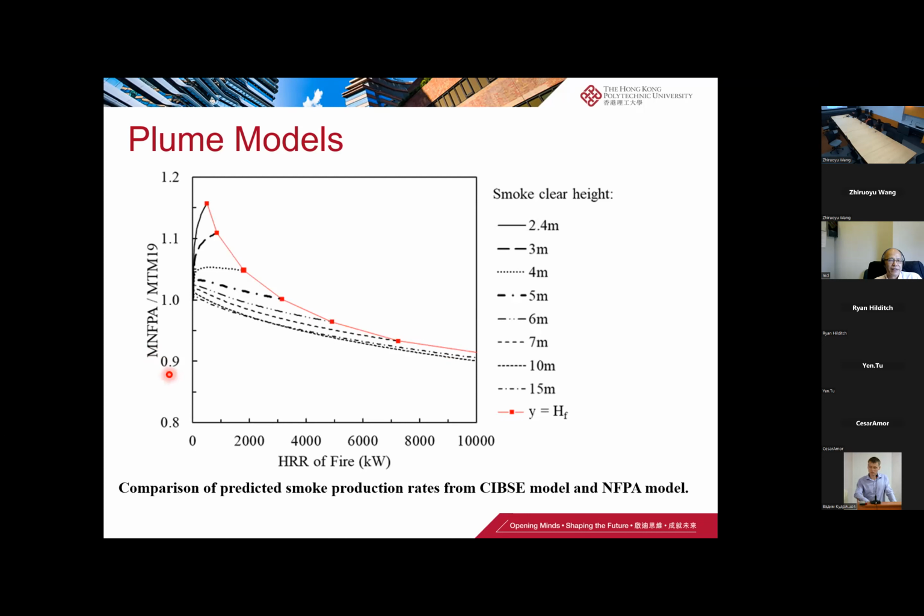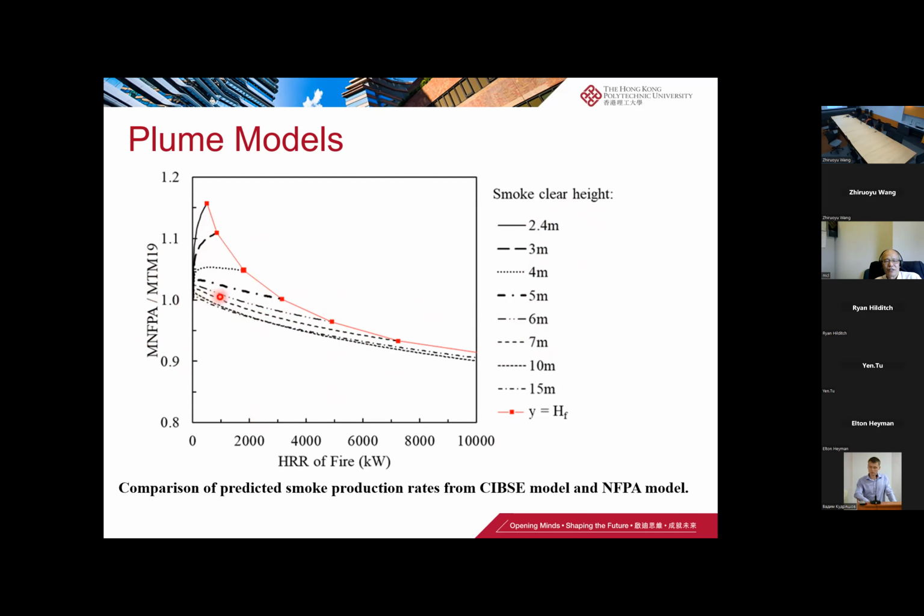If we compare the NFPA model with the SIPC model, we can see for small fires and smaller heat release rates, the NFPA model gives conservative results, but for large fire sizes and higher smoke clear heights, the NFPA model gives less conservative results compared with the SIPC.